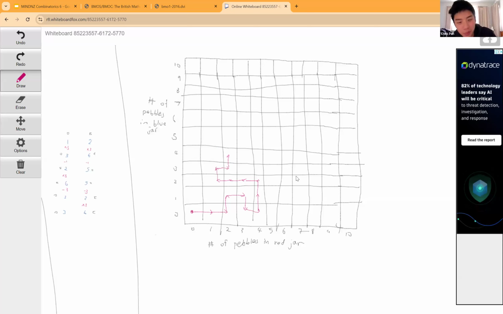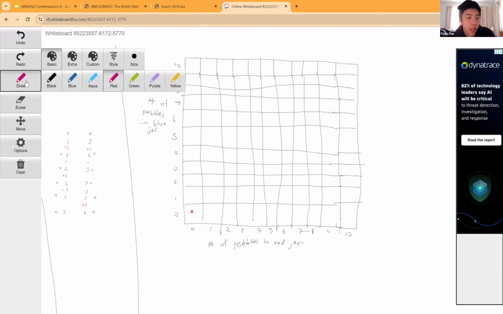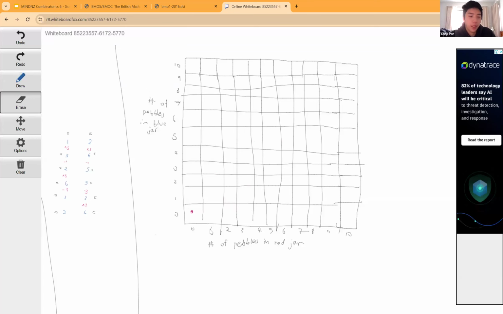The first restriction is that there are only 100 pebbles. Well, in our case, there are only 10 pebbles. What that means is that there are some borders, which I'll draw in blue. You can never reach this square because that would mean 11 pebbles in total, 10 and 1.